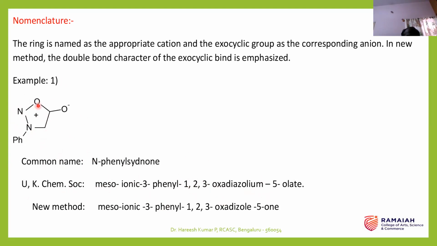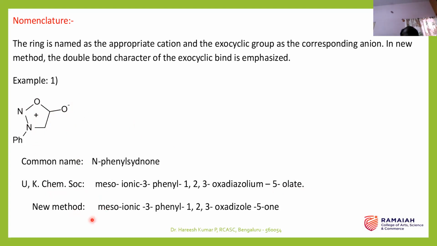Why -ium? Because of the positive charge. And there is a fifth position, 1, 2, 3, 4, 5, where O minus is present. It's called 5-olate, which indicates O minus. So this is the name according to the United Kingdom Chemical Society.